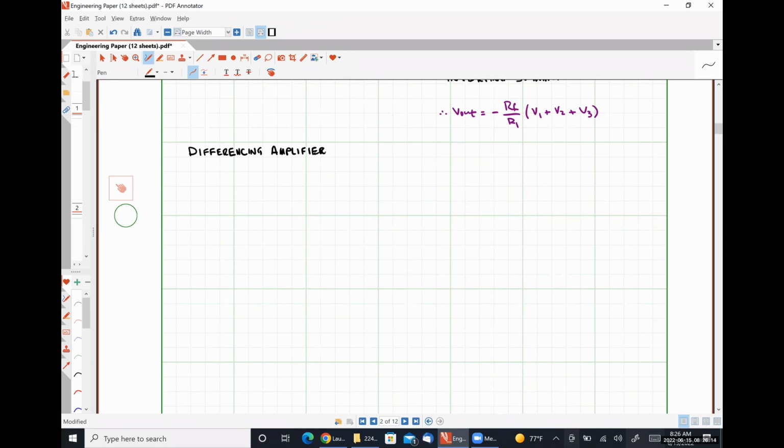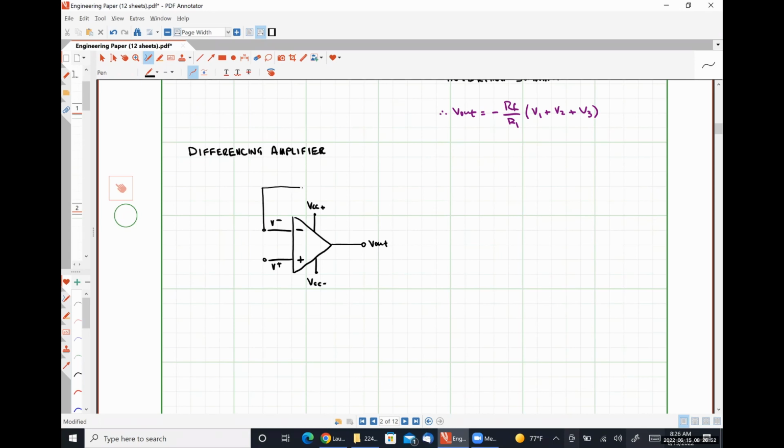So in a differencing amplifier, we are going to have something that looks like this. It is a negative feedback amplifier, as all of the ones that we're discussing today are.